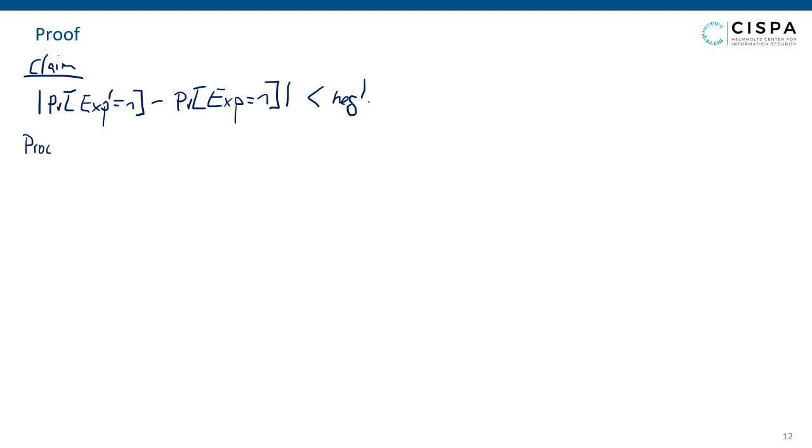Let's quickly see how we can prove this claim. So we go into the proof of the claim. Now, of course, this also works via a proof by contradiction. So assume towards contradiction.